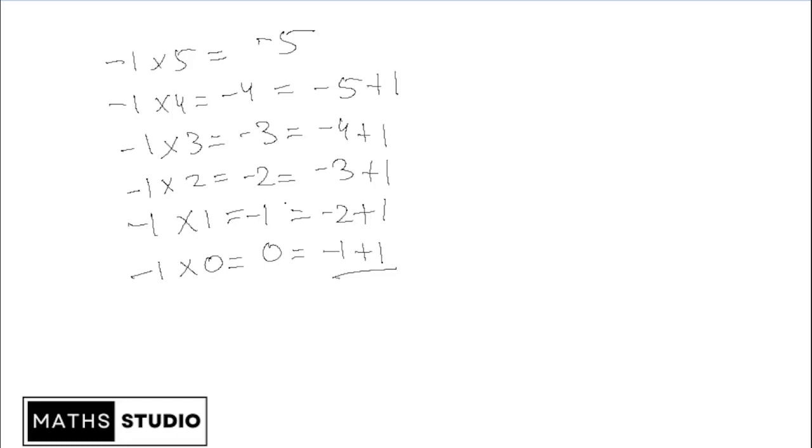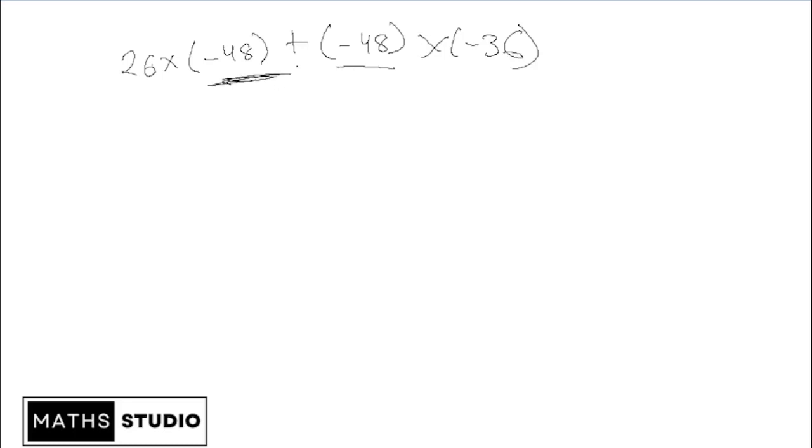So question number 5 asks us to find the product using suitable properties. The question is 26 into minus 48 plus minus 48 into minus 36. So what do we see? There is minus 48 in common in both of them, and we can clearly see it's the distributive property that is being used.